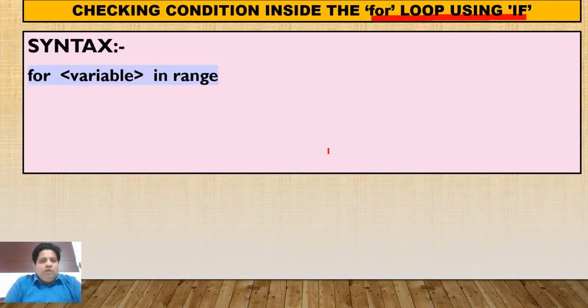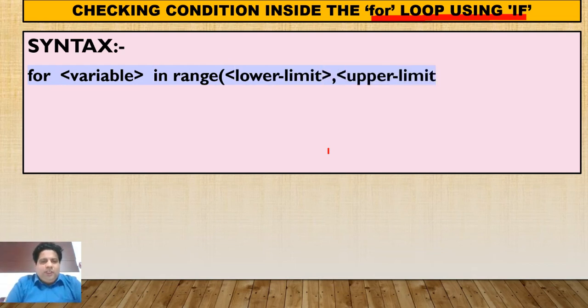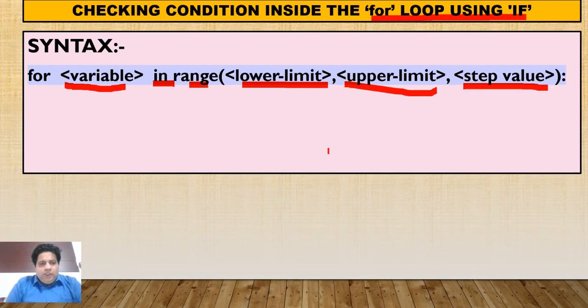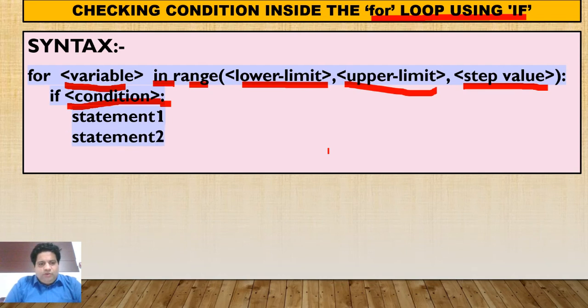Now you write for loop like this. For variable in range, then you write lower limit, comma upper limit, and then you write step value. Now inside this loop, indent करके लिखिए if. Now if is followed by condition, then colon sign. अगर if true है तो if के अंदर के statement true लिखेंगे आप.